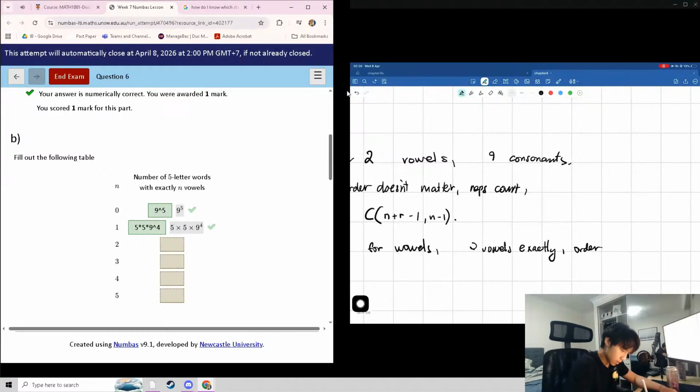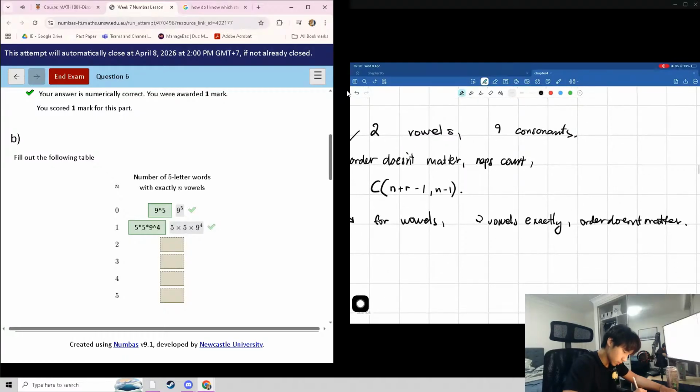Order doesn't matter. So R is 2. C 5 plus 2 minus 1. N is 5.